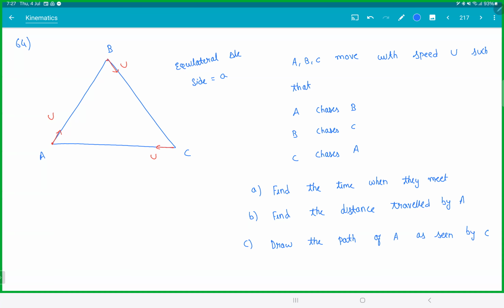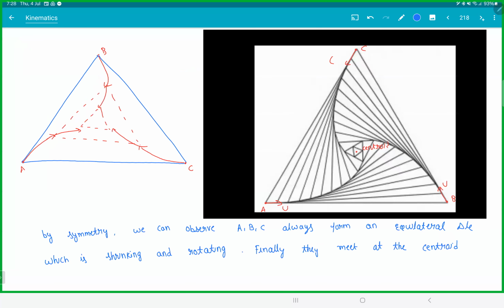Let's get this. This is again another important model where the particles chase each other. I hope the story is clear, everyone, how they're chasing, how they're moving, and all.